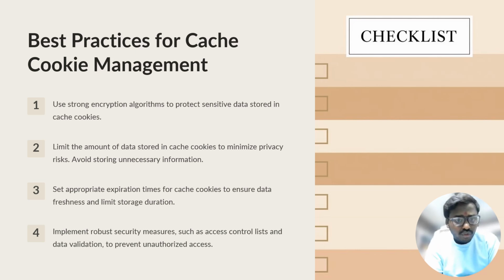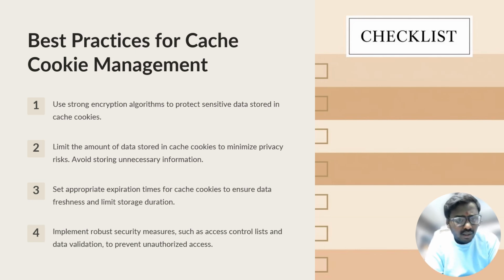So use strong encryption algorithms to protect sensitive data, and limit the amount of data stored in cache cookies to minimize privacy risk. It means we have to set a limit on the amount of data stored in the cache cookies. When the cache cookies store data, it should be only within a certain limit.